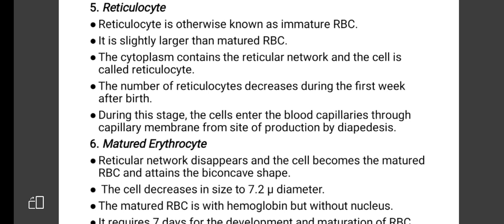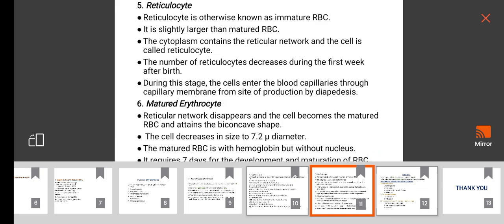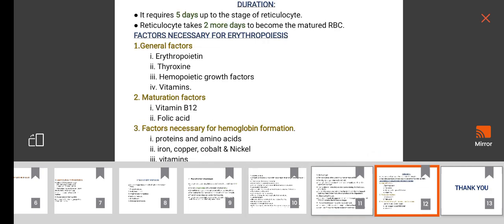It requires about 7 days for the complete development and maturation of RBCs. Up to the stage of reticulocyte it takes 5 days, and the reticulocyte takes 2 more days to become the matured erythrocyte or red blood cell.